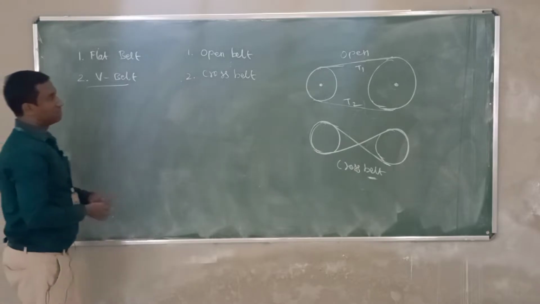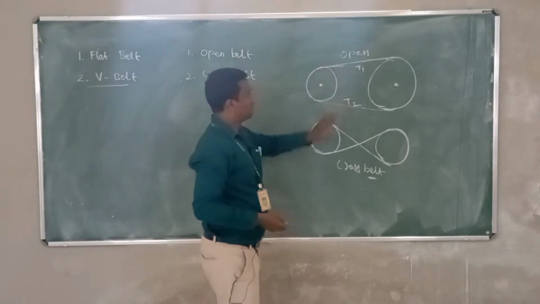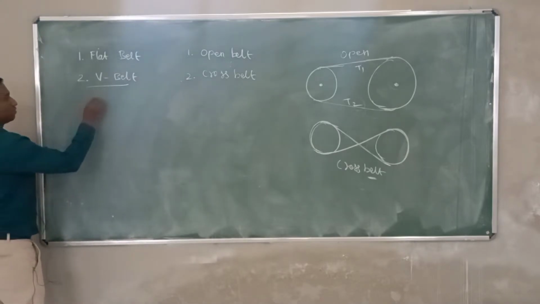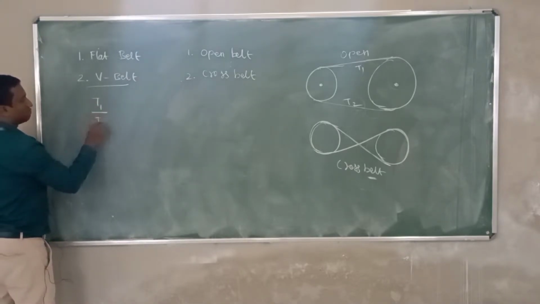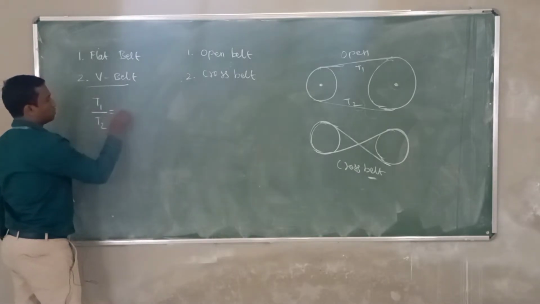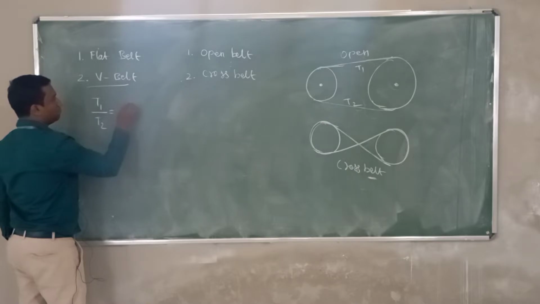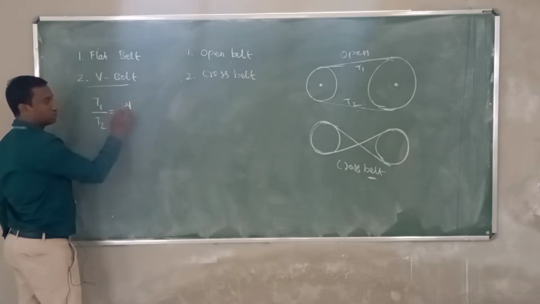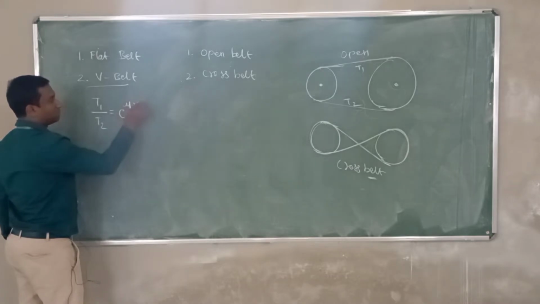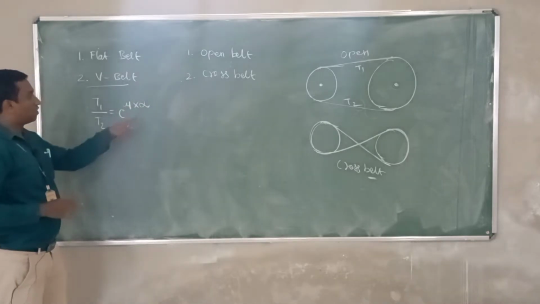Let me explain from the V belt. We know the tight side and slack side. By using these, we can form an equation: T1 divided by T2 is equal to e power mu, where mu denotes the frictional coefficient, multiplied with alpha.